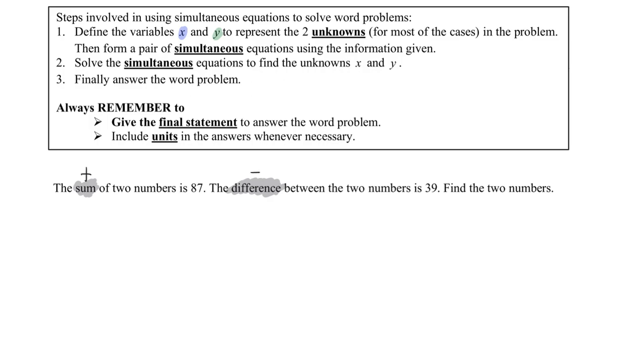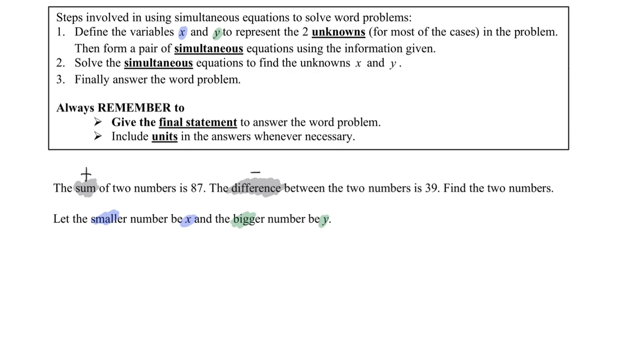So later on, you will see Mr. Tan forming a pair of simultaneous equations. One will be plus, the other will be minus. And it will be good if we could let people know what the variables are here. So I'm going to let the smaller number be x and the bigger number be y, because there are two numbers.